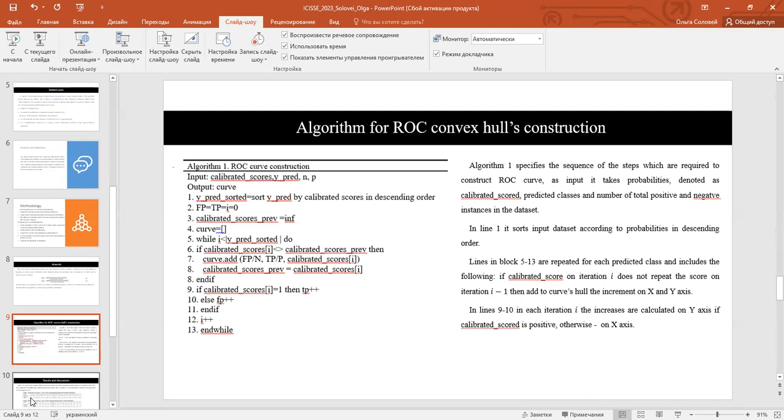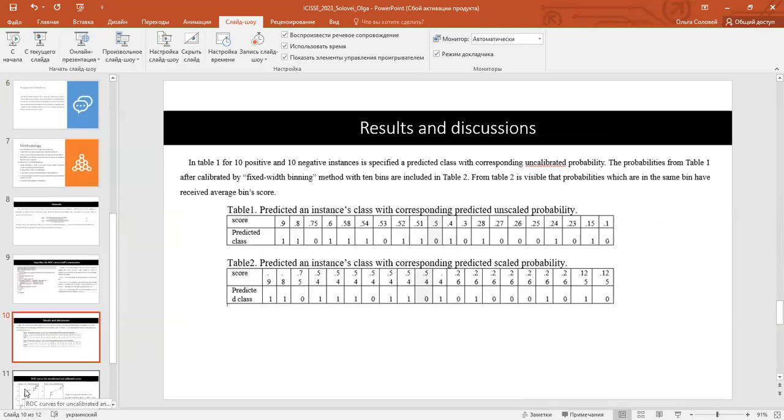If the score on the current iteration does not repeat the score on the previous iteration, then add to the curve hull the increment on the x or y axis. In lines 9 to 10, in each iteration, the increase is calculated on the y-axis if the calibrated score is positive. Otherwise, the increment is calculated for the x-axis.